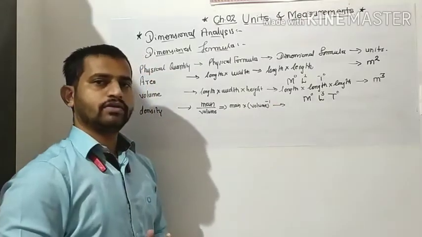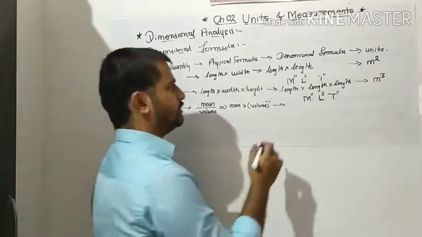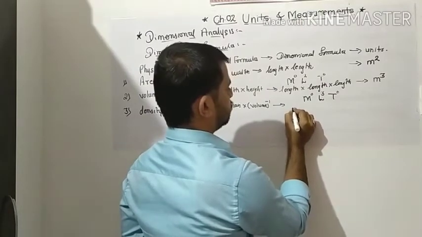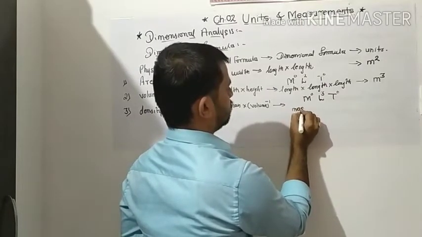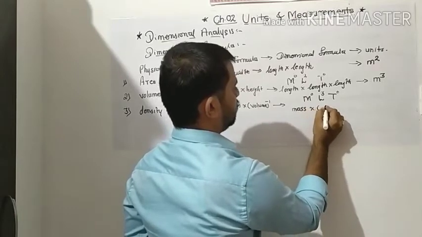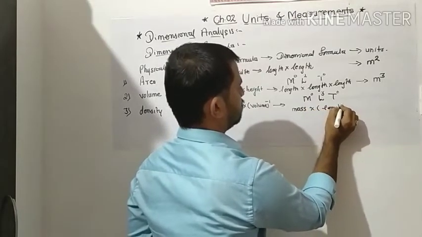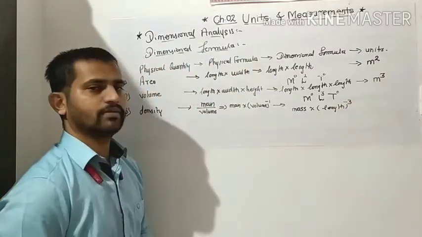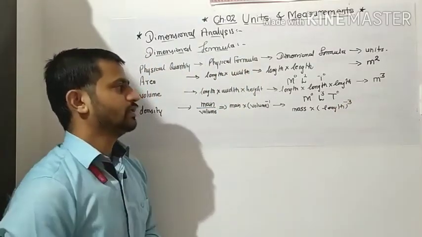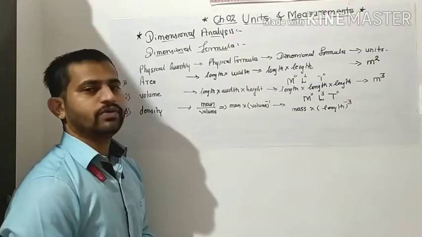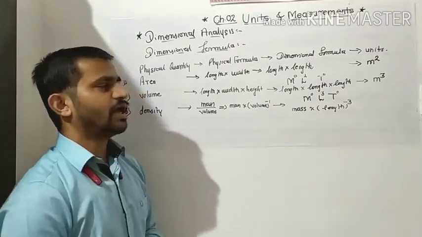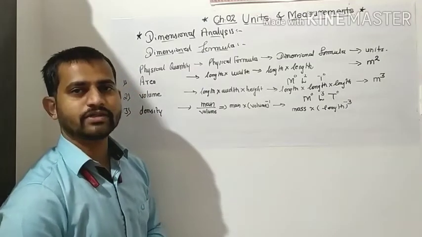So here we can express it as mass into length raised to minus 3, because we have to take the inverse of the length.